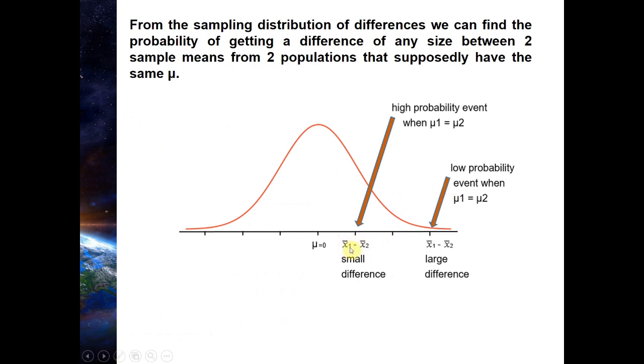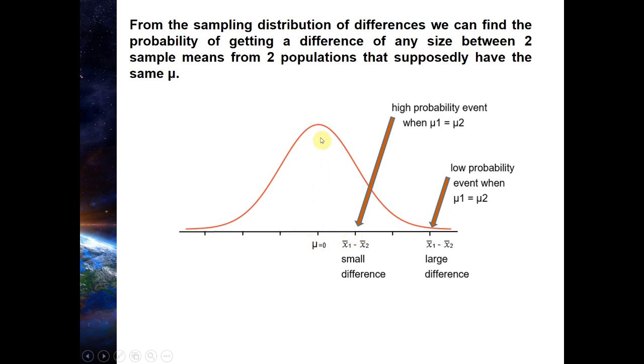So if you get a small difference between your sample means, it's more likely to be in the middle of this sampling distribution of differences, the mean of which is 0. Remember that these are all negative differences between the means. These are positive differences between the means. And because mu is the center of gravity, the negative differences cancel out the positive differences, and we're left with 0. So if you get a small difference between the means, you're close to that 0 mark.